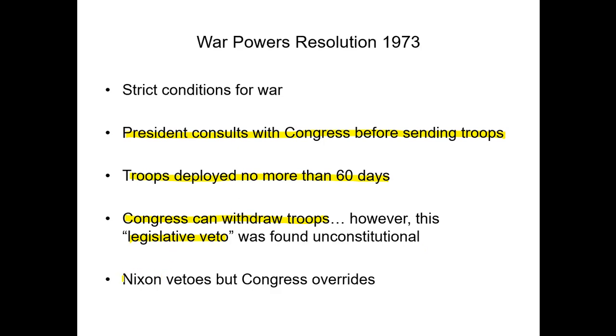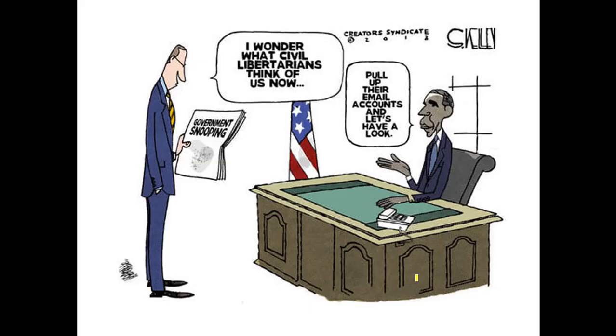Nixon, of course, vetoed that in order to maintain his ability, or a president's ability, to conduct this as he saw fit. But the Congress did override Nixon's veto. But as I said, this War Powers Resolution has been virtually ineffective since.